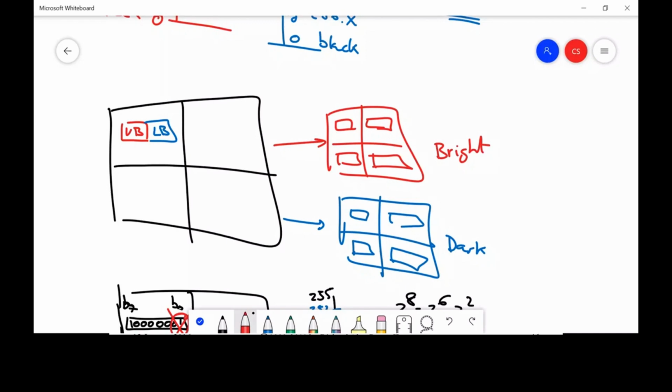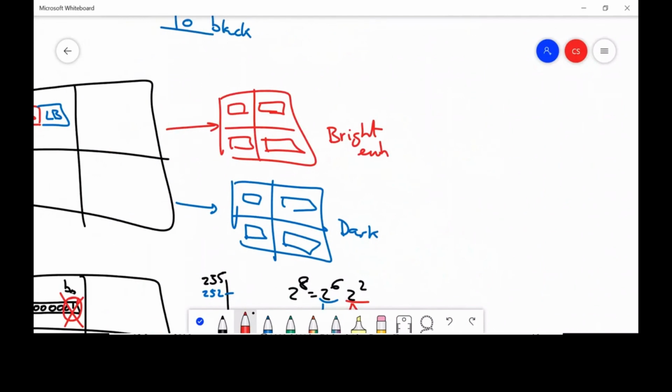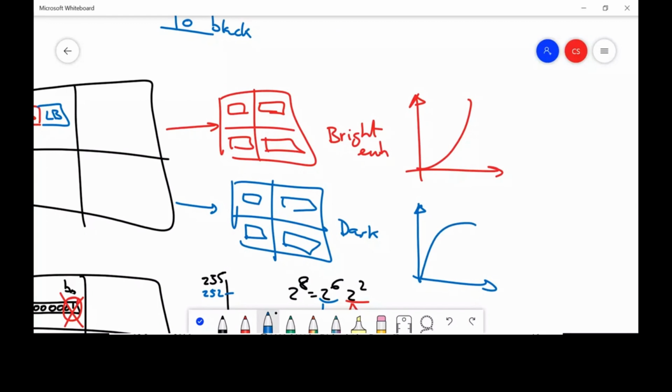So here you would like to do bright enhancement. Which one is that? If I want to do bright enhancement, yeah, this one. Here I want to do dark enhancement. So I can do this one.